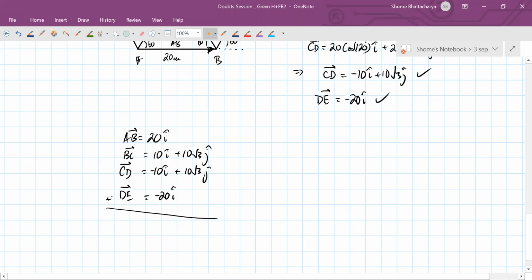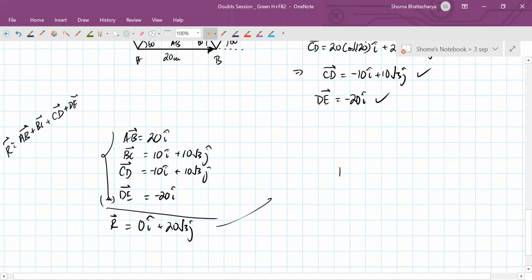Do the addition. So the resultant of these, how much will it be? 20 plus 10 minus 10 minus 20, so 0 I cap plus 20 root 3 J cap.